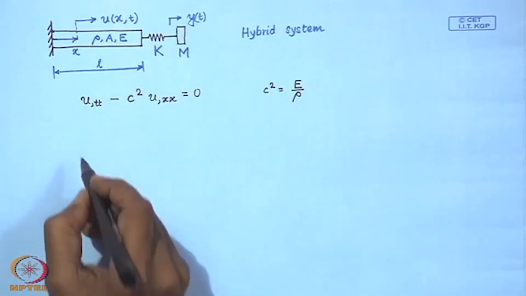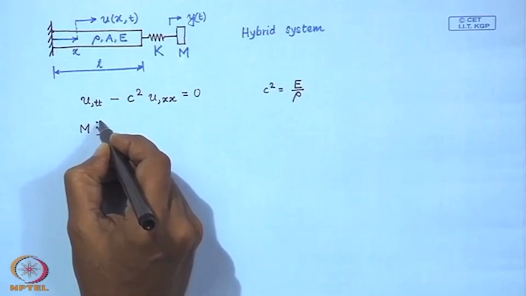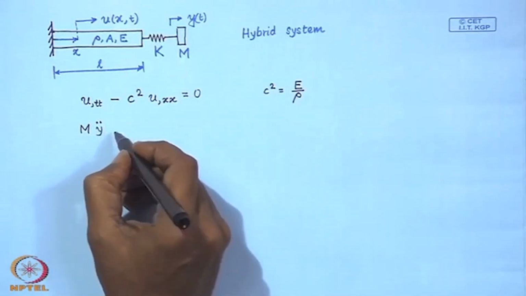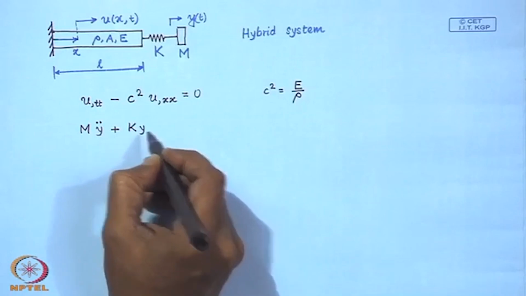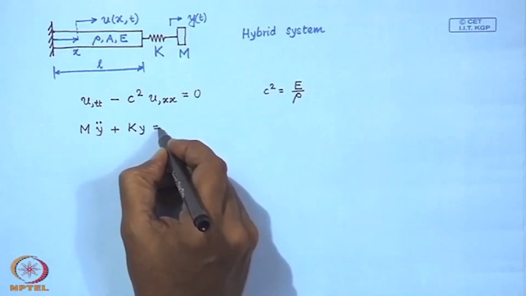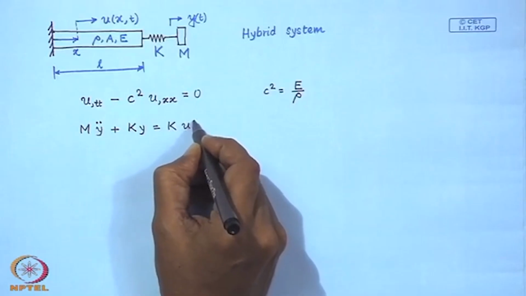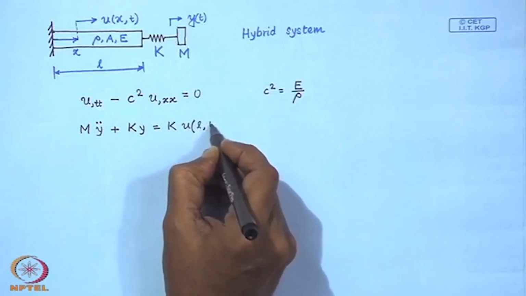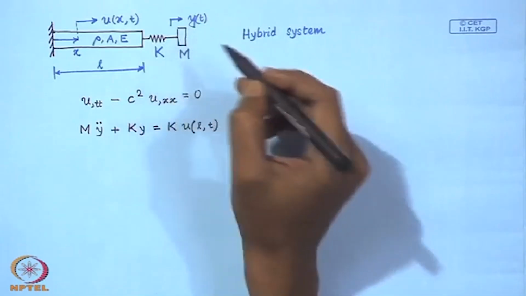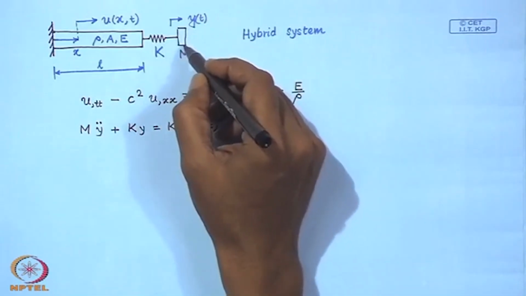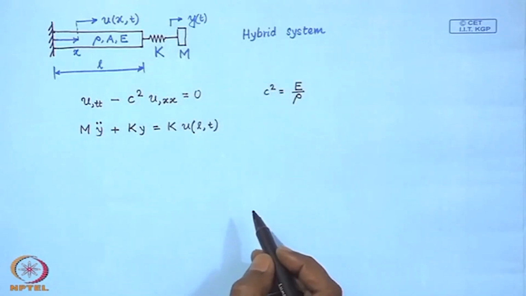For the oscillator, the equation of motion can be easily written, so y measures the displacement of the mass m from its equilibrium position.